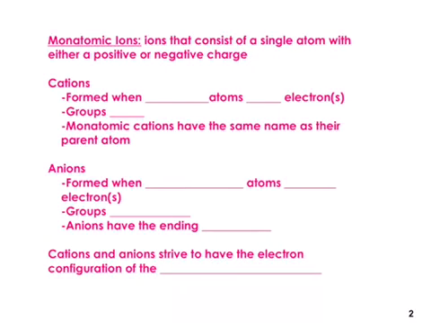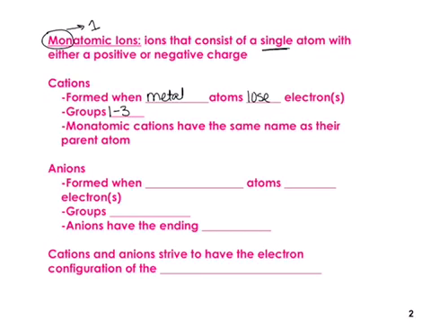Monatomic ions, mono meaning one, are ions that consist of a single atom with either a positive or negative charge. And we call these cations and anions. A cation forms when a metal atom loses an electron, and this happens for groups 1 through 3.